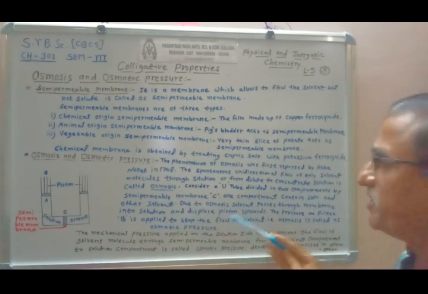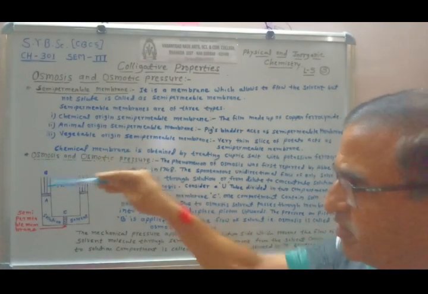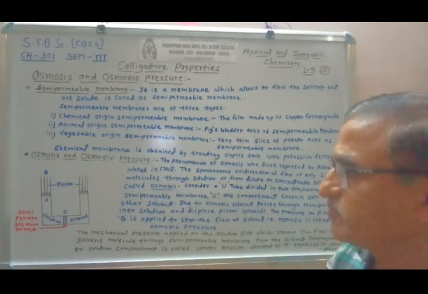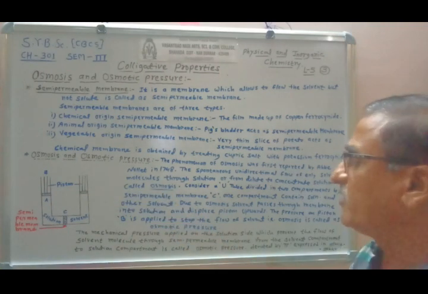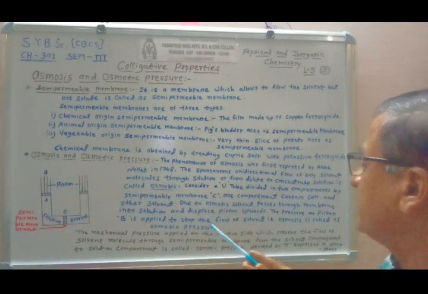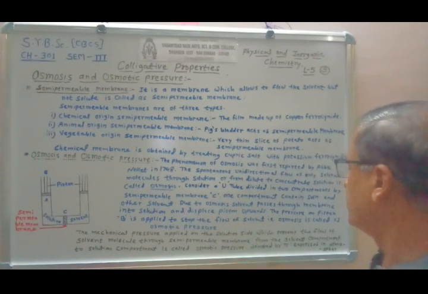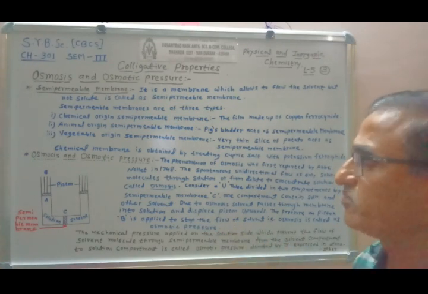Now, when the pressure is applied to the piston B, what happens? To prevent this osmosis, when the pressure is applied on piston B to prevent the flow of solvent through the semi-permeable membrane, that is called osmotic pressure.